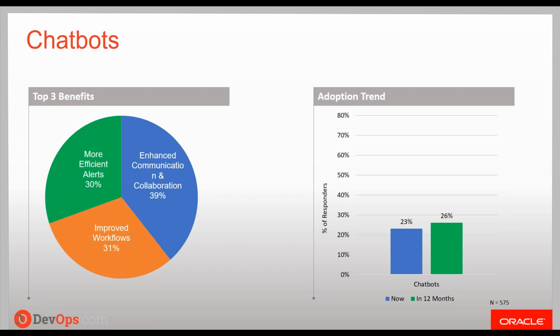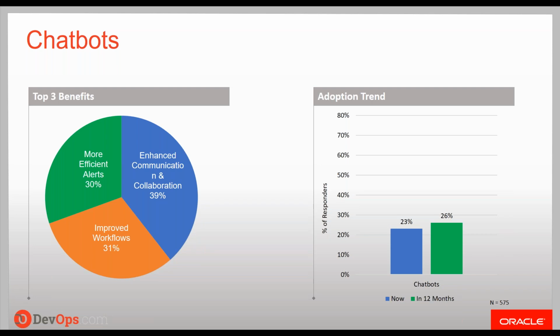Next is chatbots. Some people refer to it as ChatOps, alerting, what have you. Personally, and I will confess here, we use Slack here at DevOps.com an awful lot. It's replaced a lot of our email communication even.